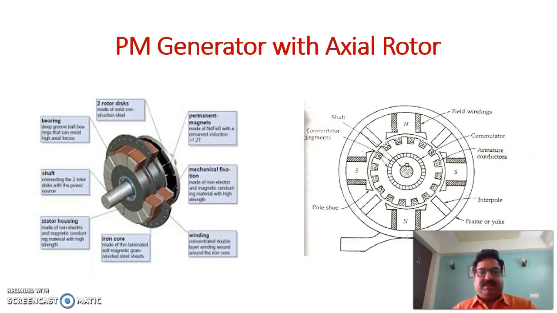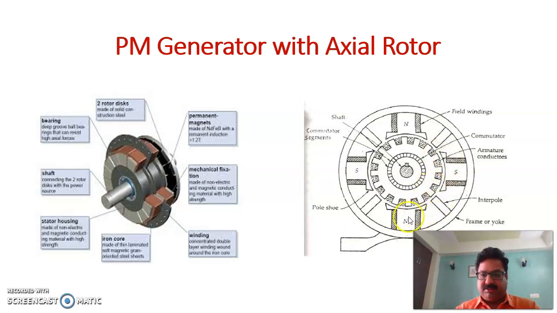If we talk about the permanent magnet generator with axial rotor, you can see the diagram here. They have the shaft connected there. Commutator segments are also there. Field windings are available, and the armature windings are there. So armature conductors are there.